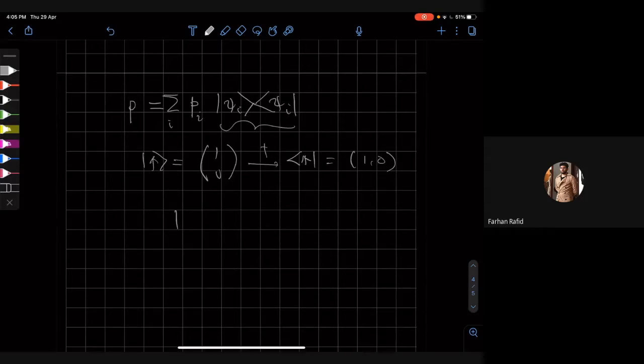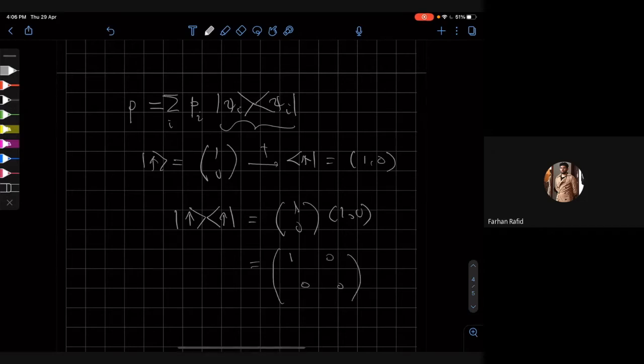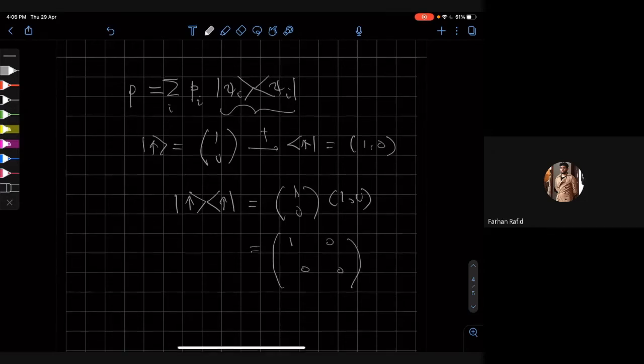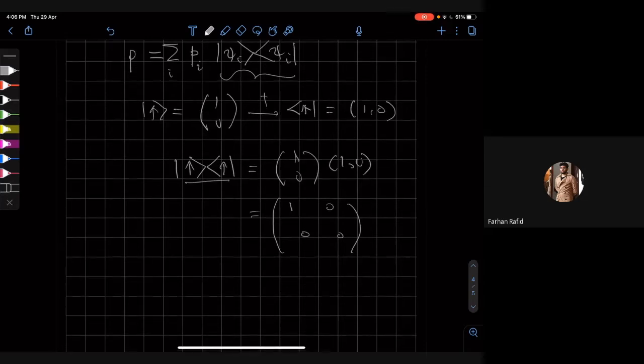If you now work out what the ket bra is, you get 1, 0 times 1, 0. This is not the usual matrix multiplication. This is an outer product. The way it works is that you multiply this with every element here, 1, 0, then 0, 0. So this is a 2 by 2 matrix.